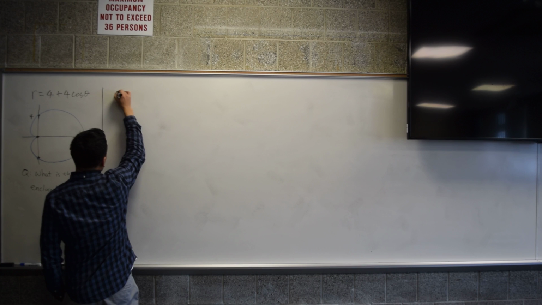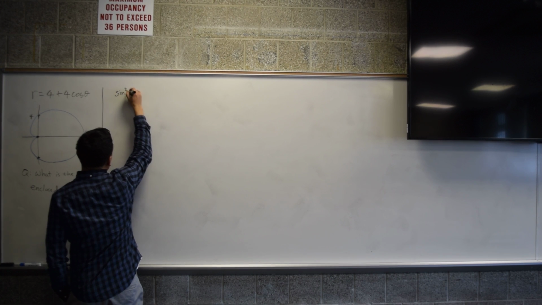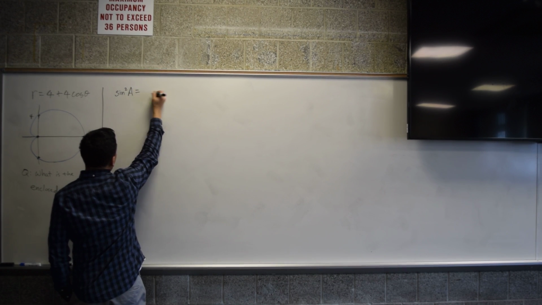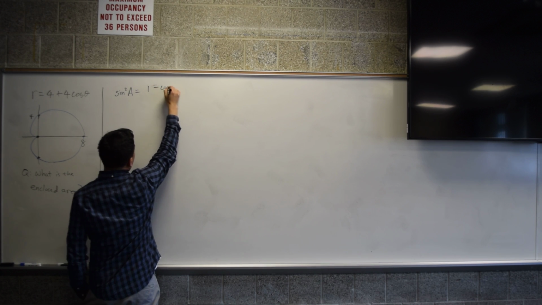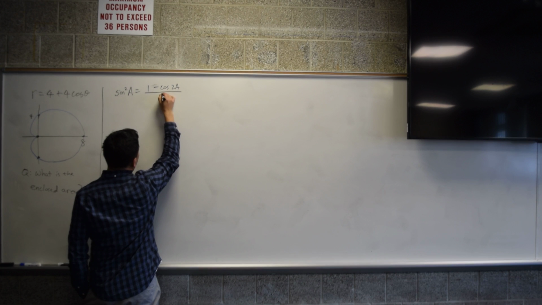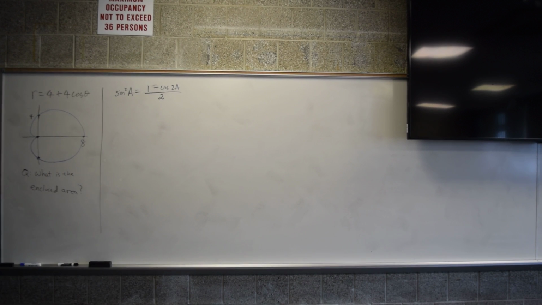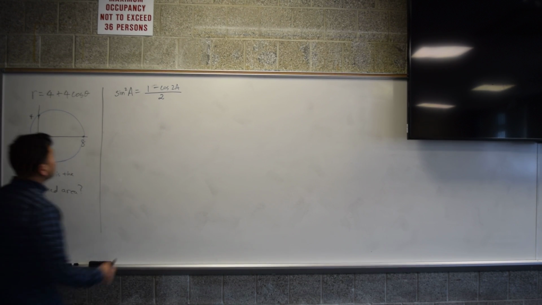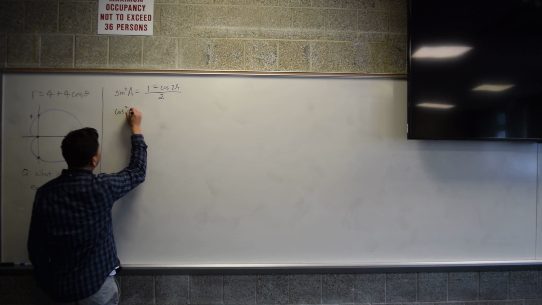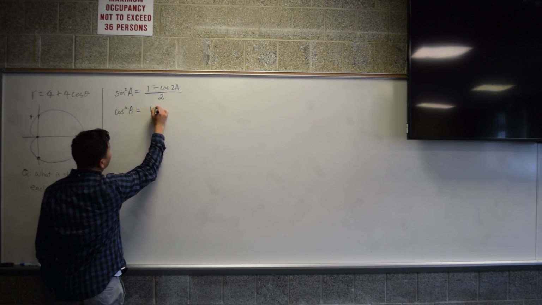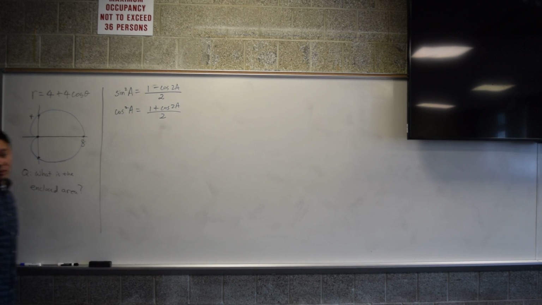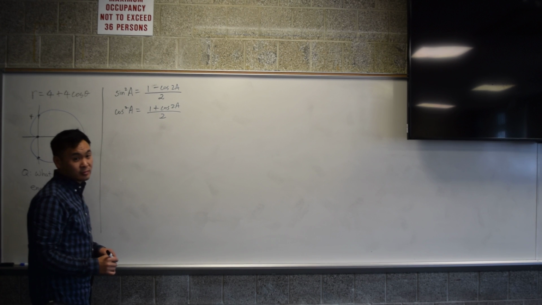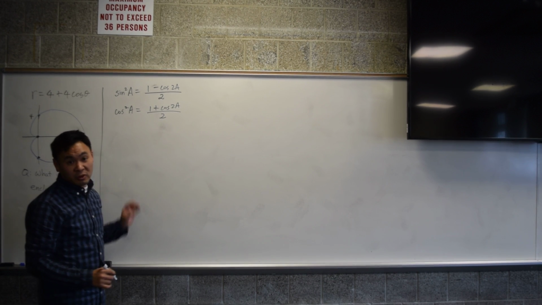First, sine squared of a is 1 minus cosine 2a over 2. And then cosine squared of a is 1 plus cosine 2a over 2. We're going to use these formulas later.